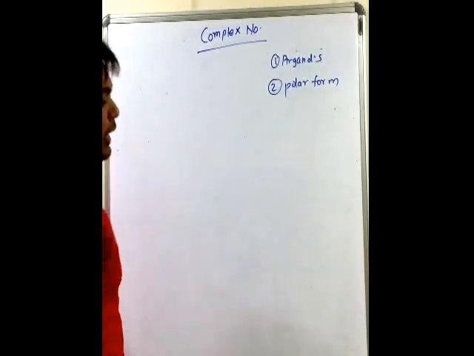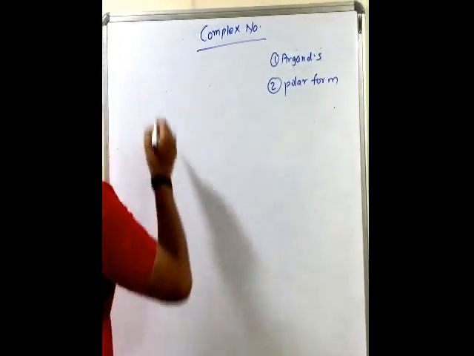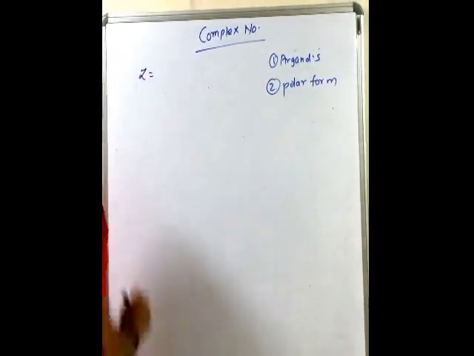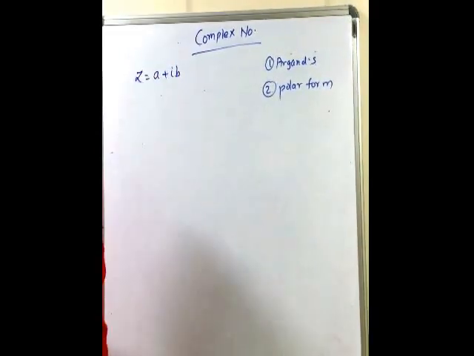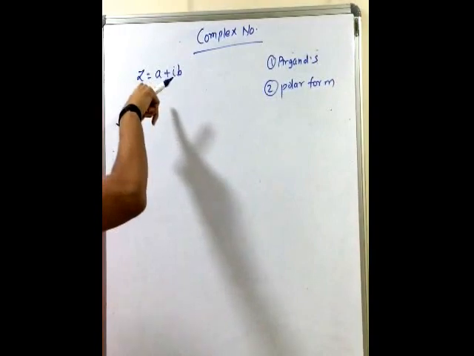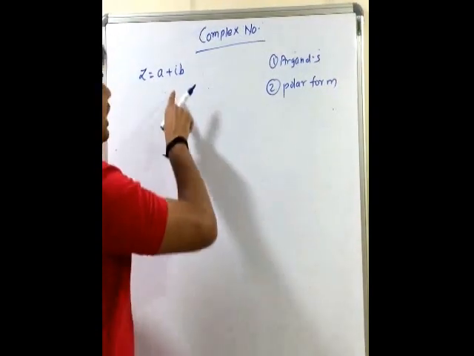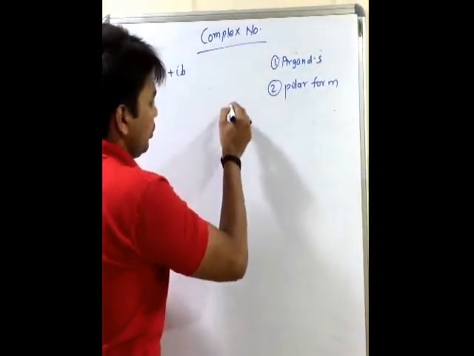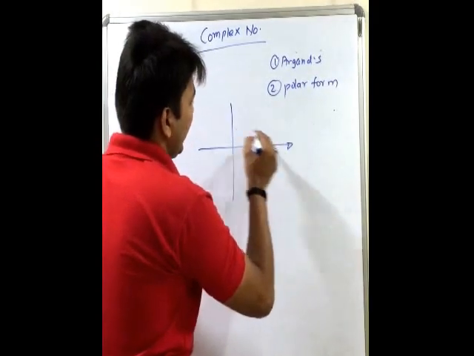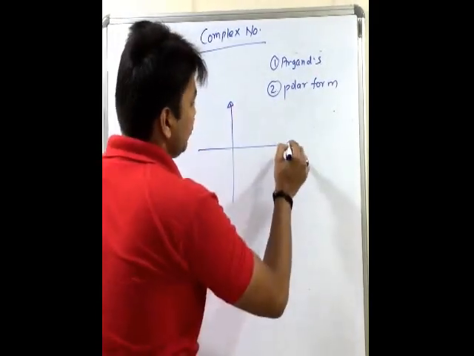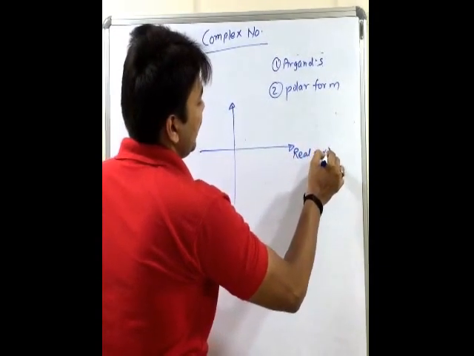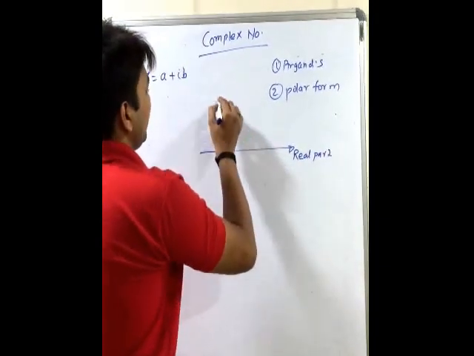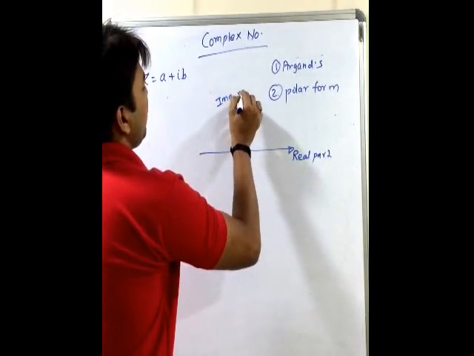In the last video I taught that a complex number is represented by a plus ib. So let's plot it on a graph, so it will become Argand's diagram. As we know, in a graph, the x-axis will become the real part and the y-axis will become the imaginary part.